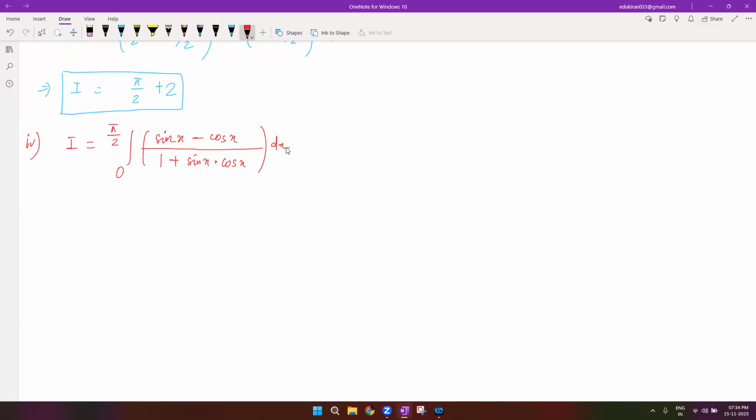You can see that the pairs are complementary. So if you apply x to a plus b minus x, fourth property, you will get some results. Please quickly solve, everyone.